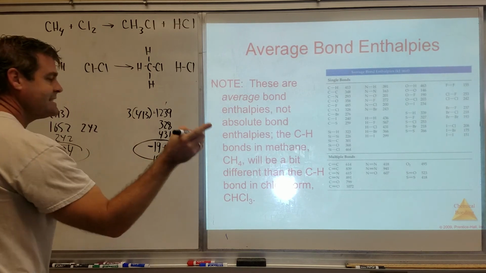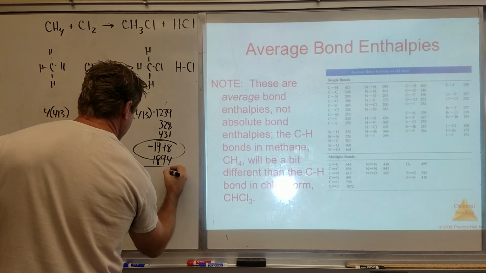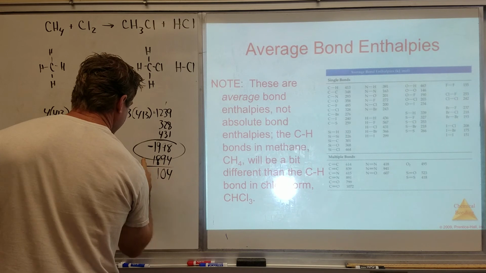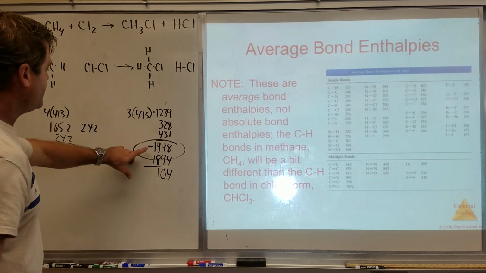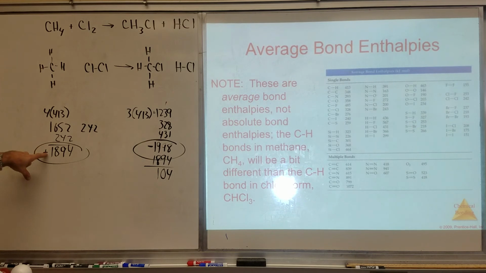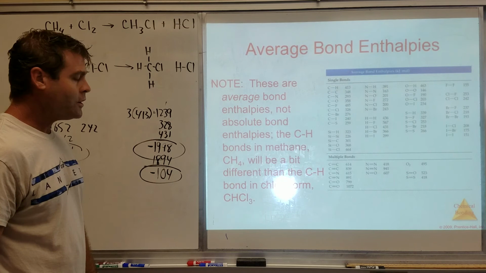I think that's essentially what that previous equation was telling you to do. So more energy was given off in the formation of these bonds than was required in breaking the bonds, and overall, my answer is negative 104.